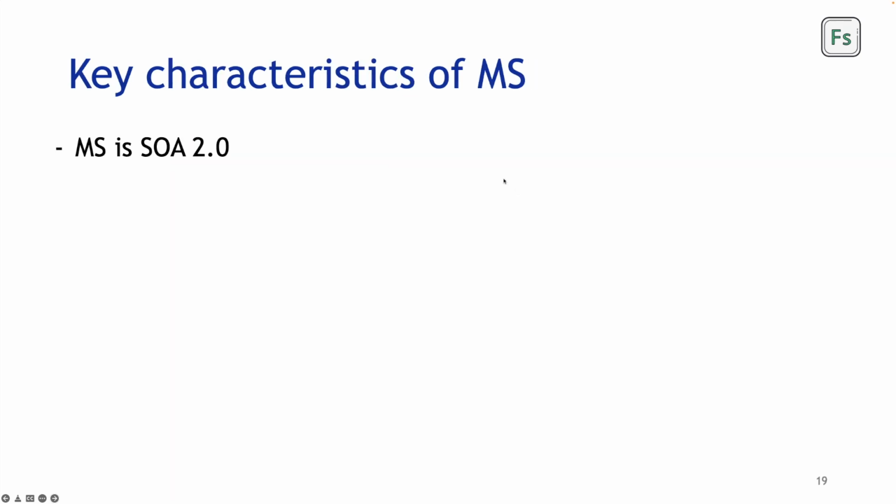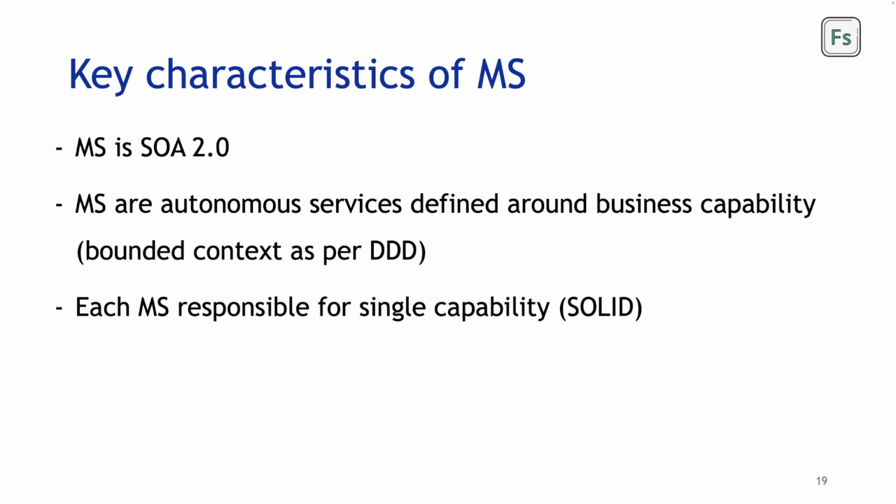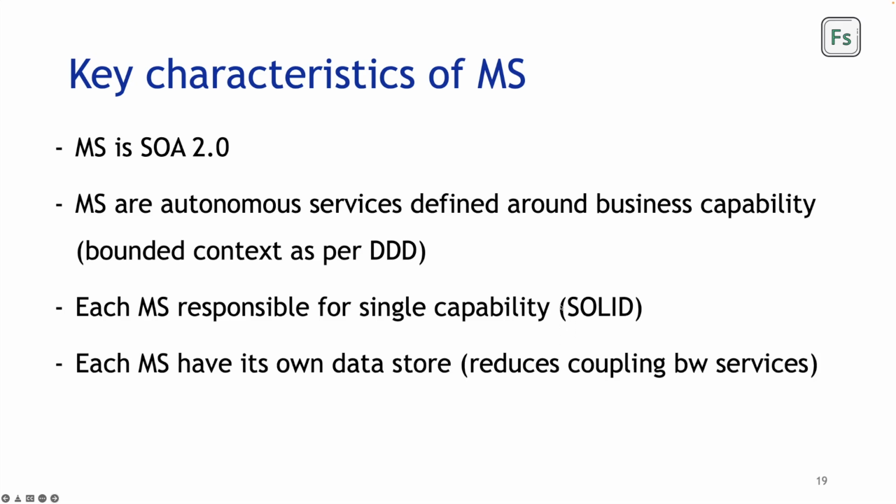So some key characteristics of microservices, I think we discussed it, just a rapid repetition. Microservices is SOA 2.0. These are autonomous services. We define them on DDD functionality. They should ideally be responsible for a single capability as per the SOLID principles, where S stands for single responsibility principle.